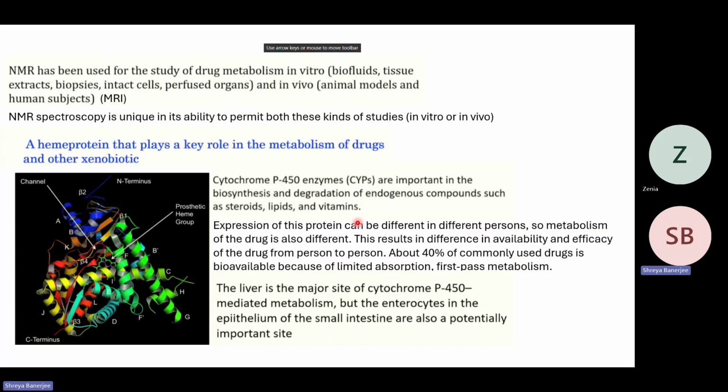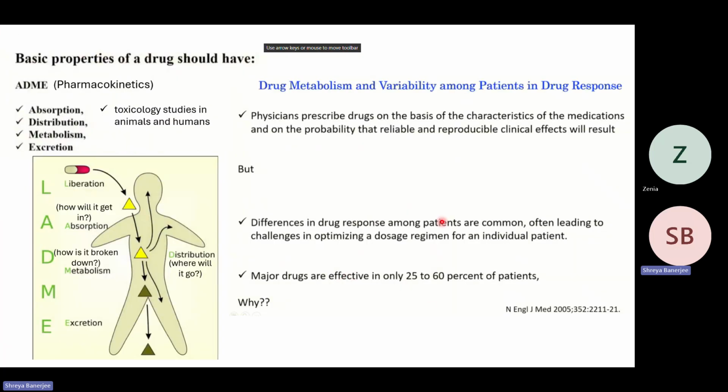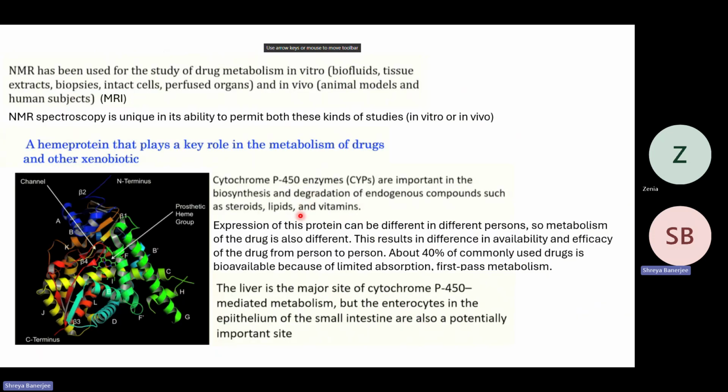No matter how much they eat, they don't gain weight. So metabolism is different in persons based on their genetic makeup or other things. And that will result in different availability and efficacy of drugs from person to person. So that is one of the reasons why the dosage in people can vary. And also they are effective only in a certain percentage of patients.